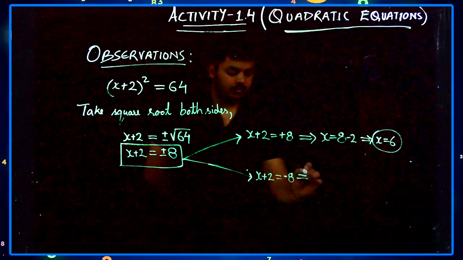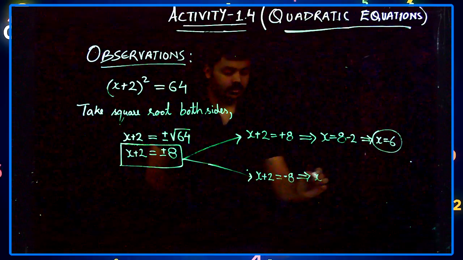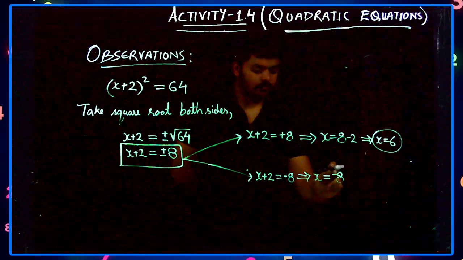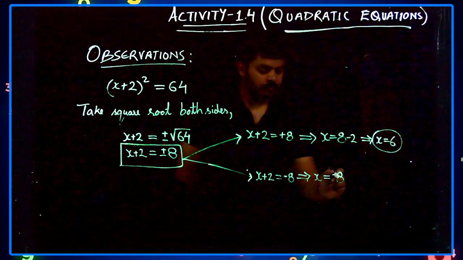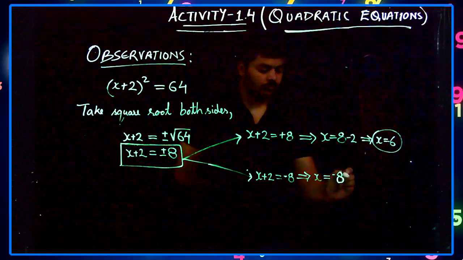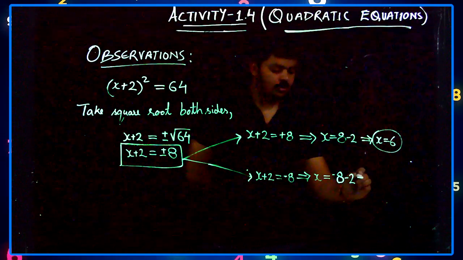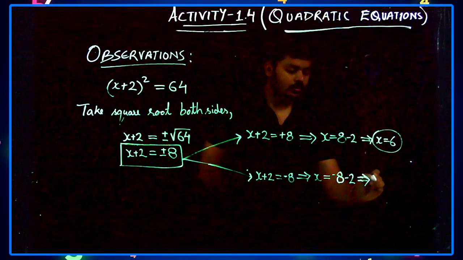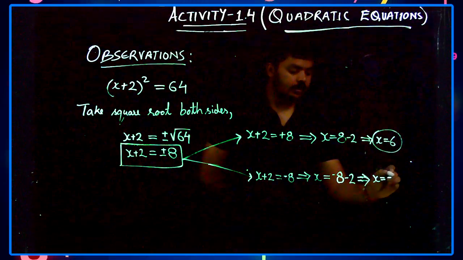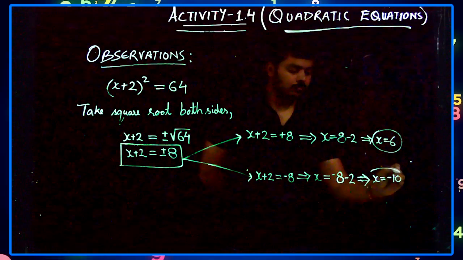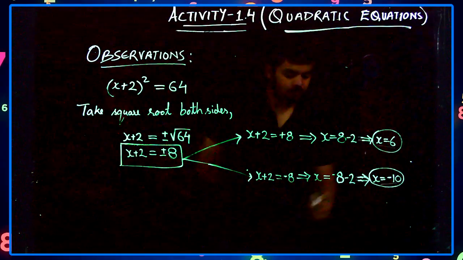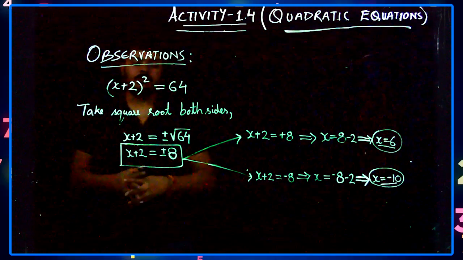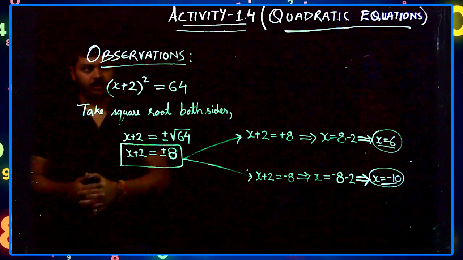And here x equals to minus 8 minus 2, so x equals to minus 10. So this is the solution for our given quadratic equation in this activity, x square plus 4x equals to 60.